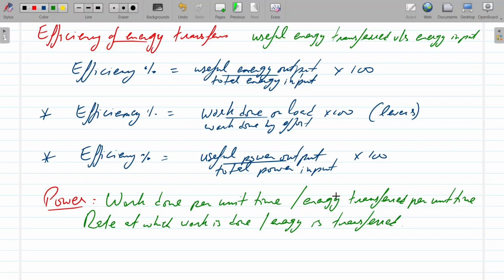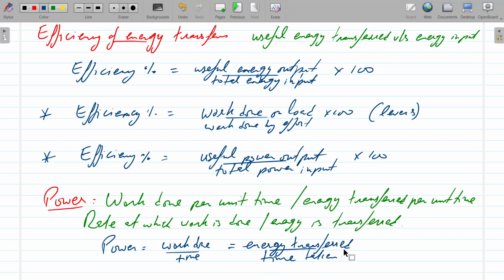The formula for this, as you can imagine, is power equals work done over time, equals energy transferred over time, or time taken for work to be done or for energy to be transferred.